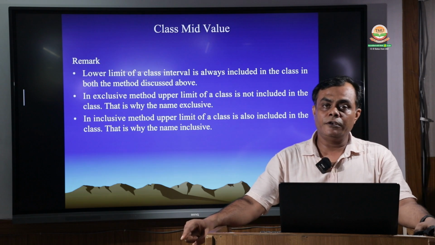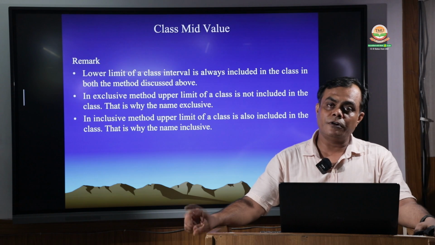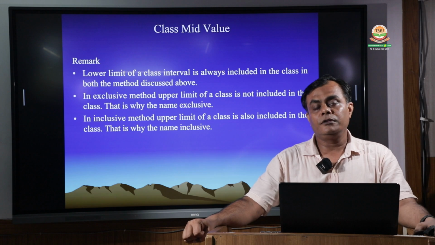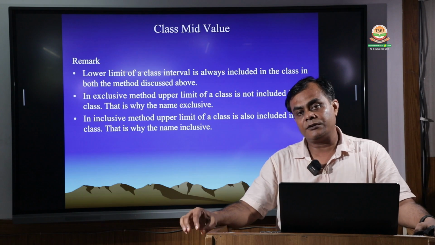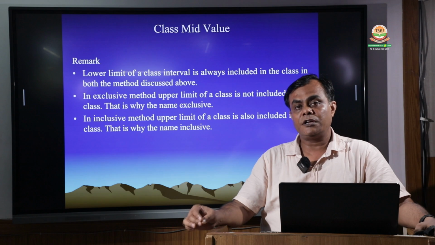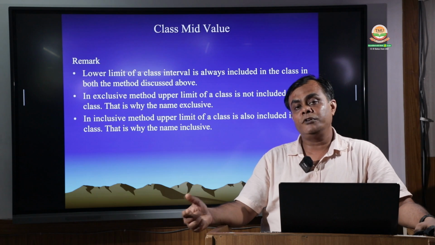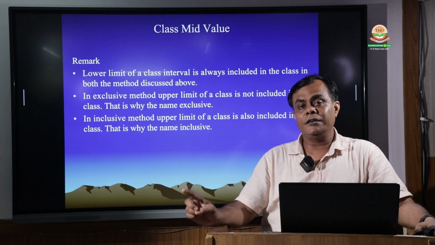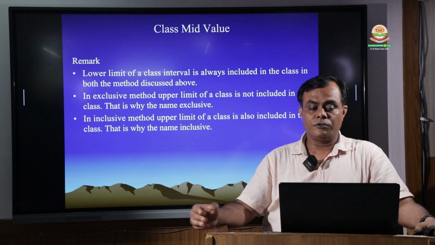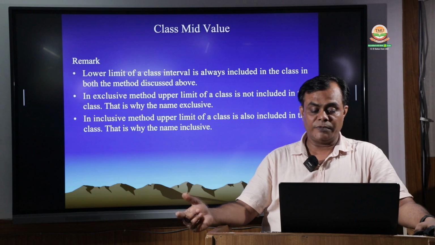But in an inclusive method we are using the upper limit of the class, so we are including the upper limit of the class. That is the reason we use the terms exclusive method and inclusive method.